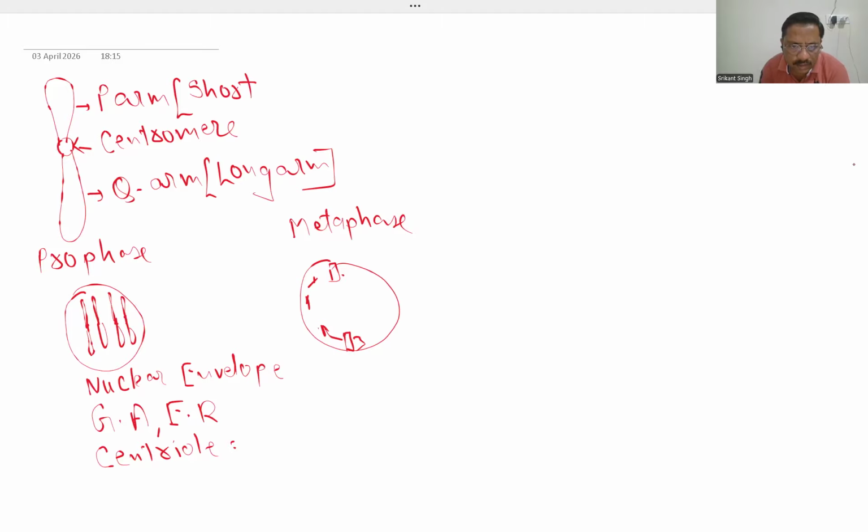In metaphase, the chromosomes are going to be arranged in the centripetal plate, as the spindle fiber is going to be attached to the chromosome at the site of attachment.